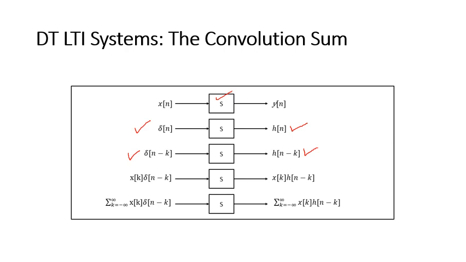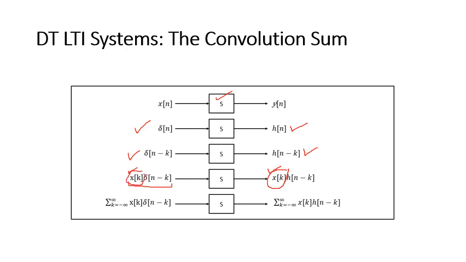Okay, the second property that is used is the scaling property. That is, if input is scaled, the output must also be scaled by the same version. So that means h of k basically represents, x of k basically represents the scaling.